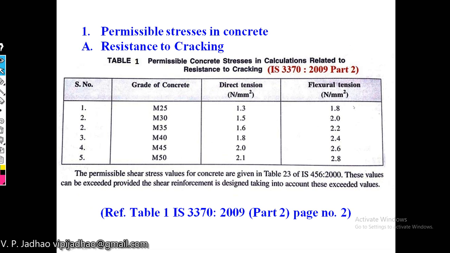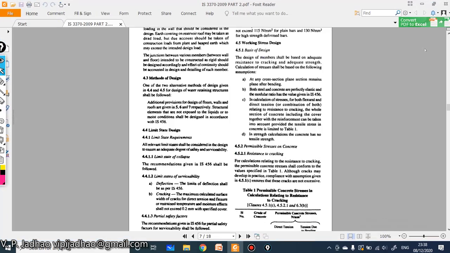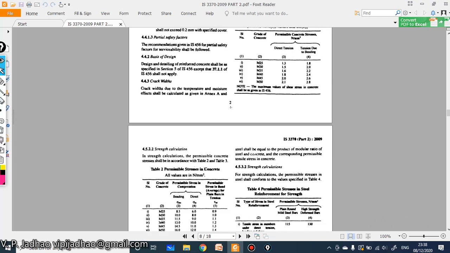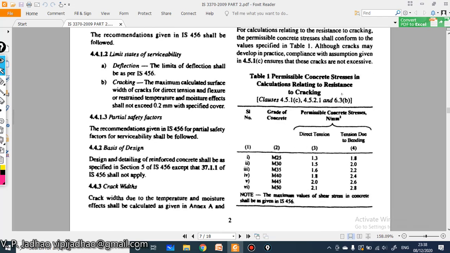These are some values of permissible stresses in concrete, which are also given in your IS 3370:2009 part 2. Here we have table 1, permissible concrete stresses in calculations relating to the resistance to cracking.